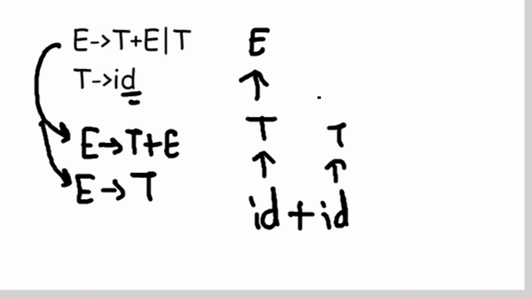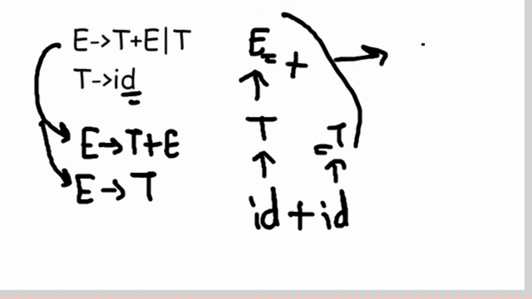Now look at this, T plus E. This is T, this one, and this is E, this one. So E plus T, this one. What is this E plus T?